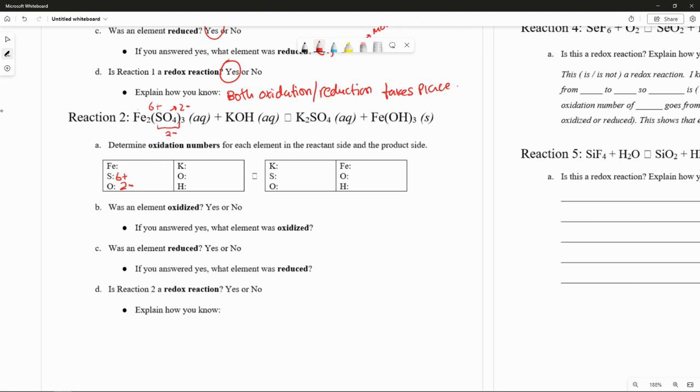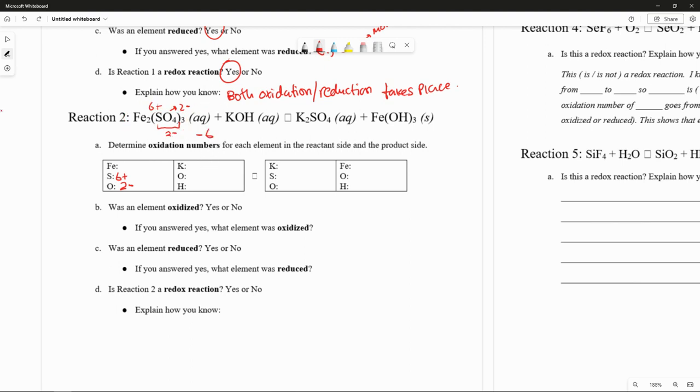And then for Fe2, we have to figure out if this SO4 molecule, let me highlight it, this sulfate molecule is a 2 minus and there's 3 of it. 2 minus times 3 is negative 6. But this whole compound has a 0 charge.